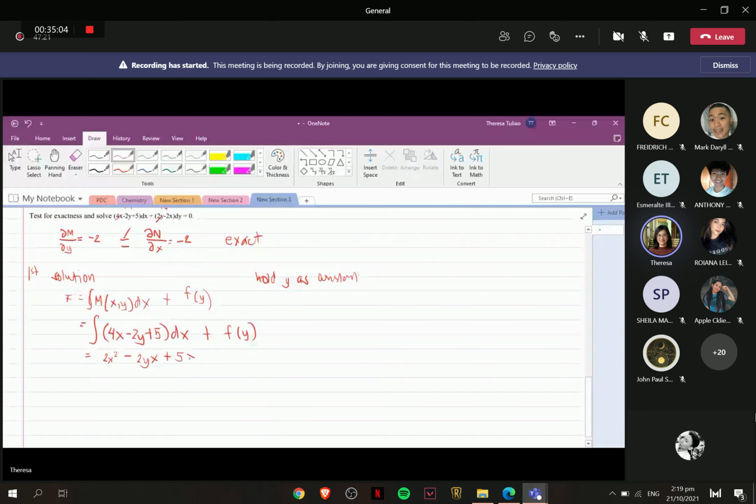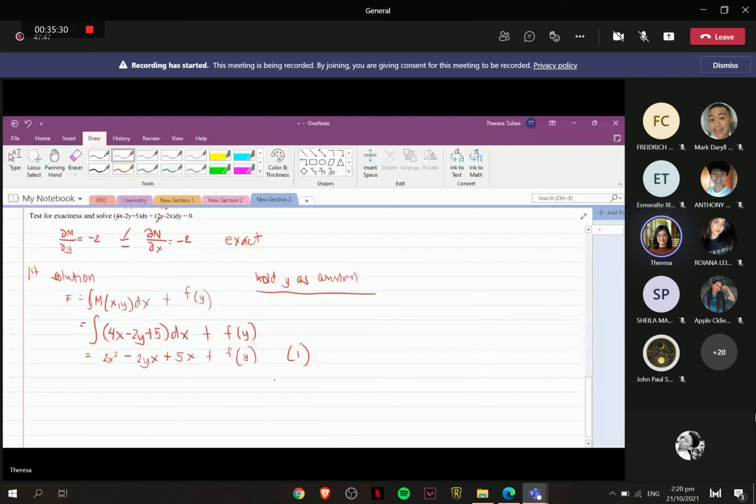Plus f of y. Okay? So, dito, class, sa part na ito, in-integrate ko lang siya with y as constant. And then, yan na. Ito na yung first equation natin. Ganun lang siya kadali.